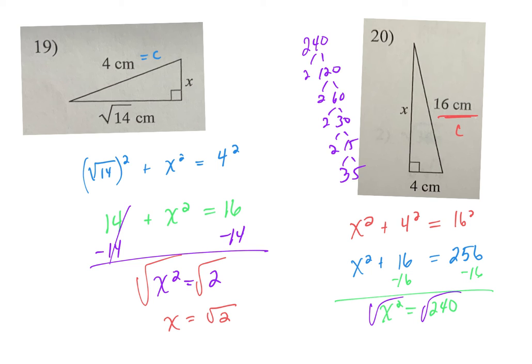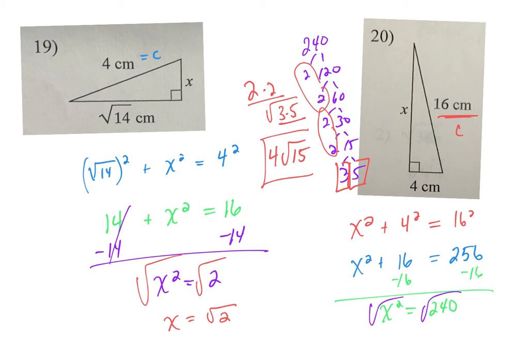And then if it pairs up, it comes out. So I have 2 that comes out. I have another 2 that comes out. The 3 does not pair up and the 5 does not pair up. So inside I have a 3 and a 5. So you multiply the outside 4, you multiply the inside 15. So your side here is 4 square root of 15.